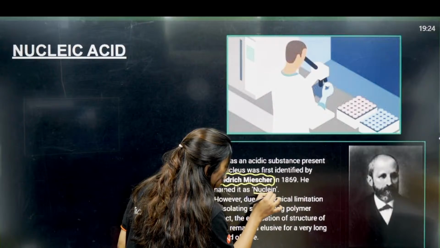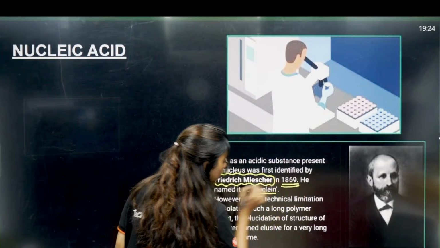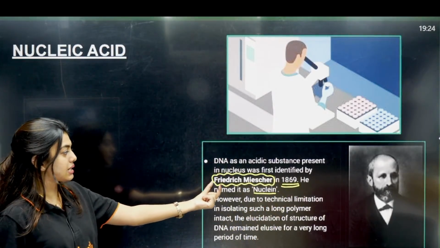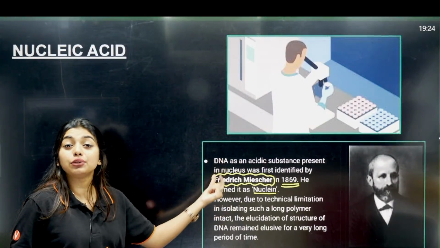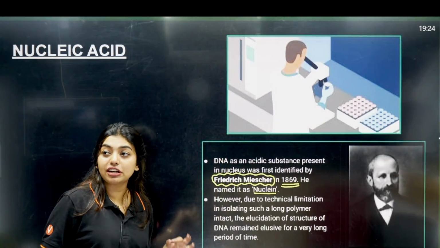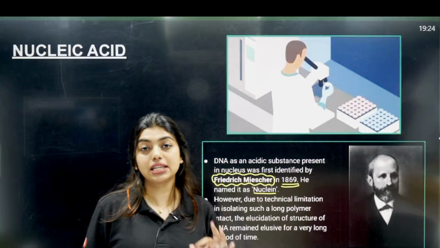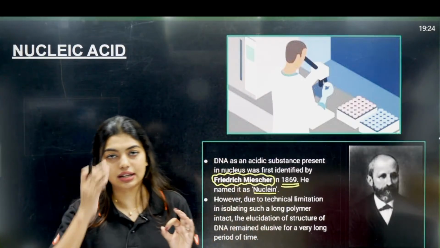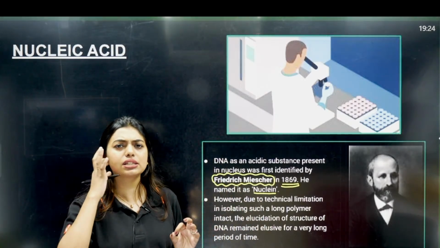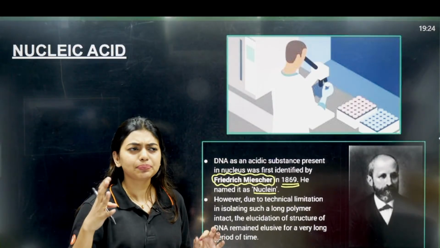He called it nuclein in 1869. So DNA is an acidic substance present in the nucleus, and it was first identified by Friedrich Miescher. Important from the NCERT point of view, it is given in your NCERT. Now students, he found it and called it nuclein.